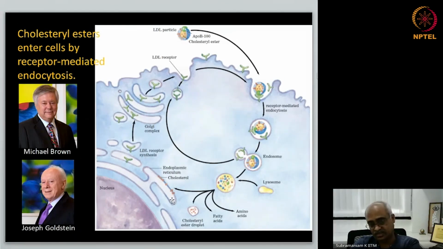Remember, I told you cholesterol is an important component of membrane. So membrane biosynthesis happens by incorporating phospholipids and cholesterol into the endoplasmic reticulum, and that is how the membrane expands. So that is how membrane biosynthesis happens. Membranes are not made de novo from phospholipids aggregating to form a sheet of membrane. So membrane is formed by incorporating phospholipids and cholesterol into an existing membrane, and that membrane expands.